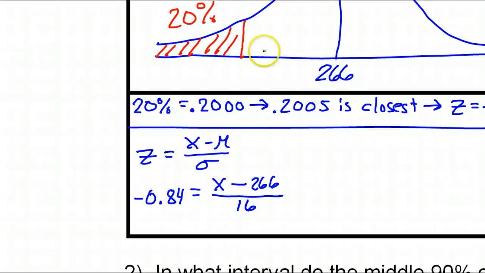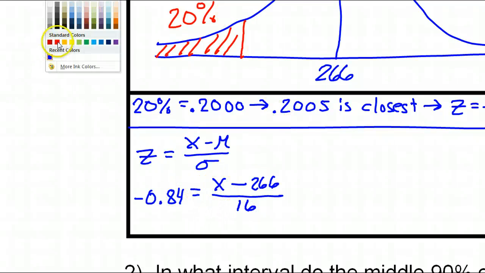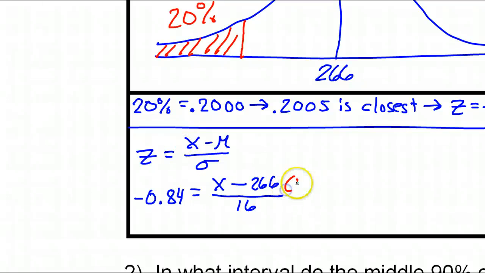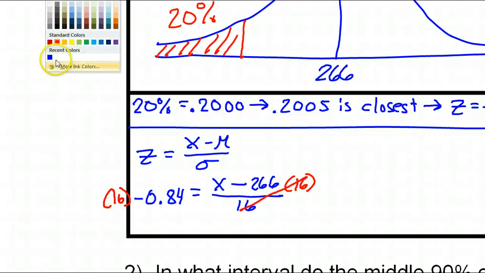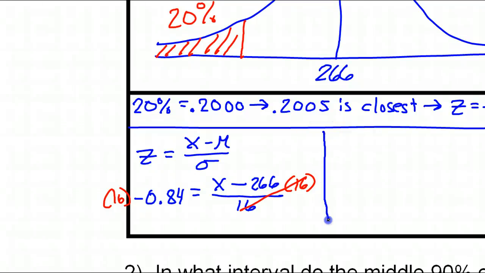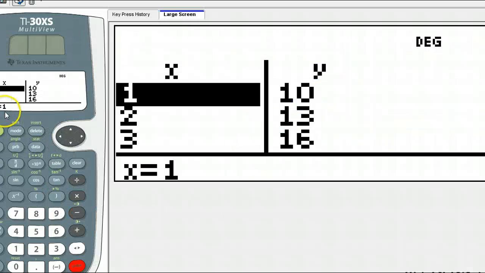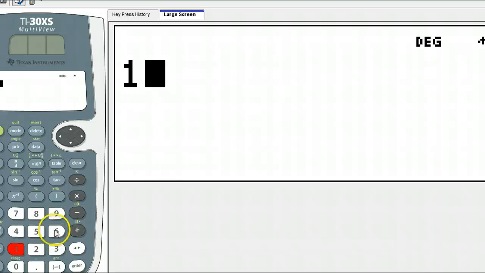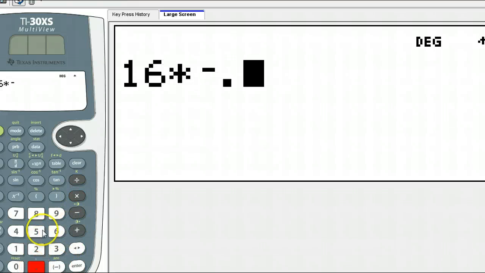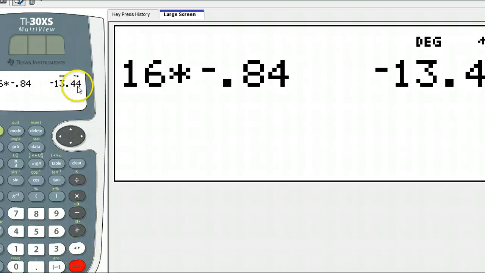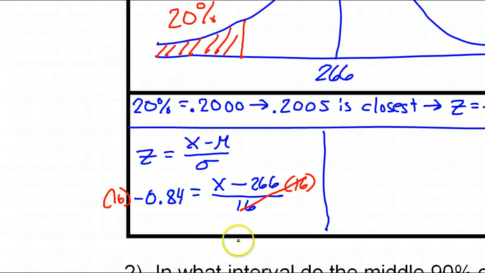So all we have to do is solve this for x. Easy enough. We will just multiply by 16 on both sides. So let's see, 16 times negative 0.84, right? Okay, that's negative 13.44.